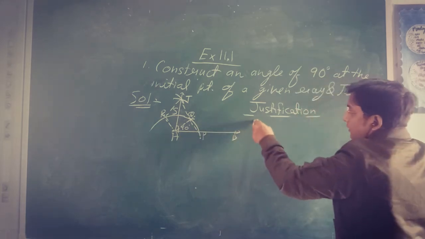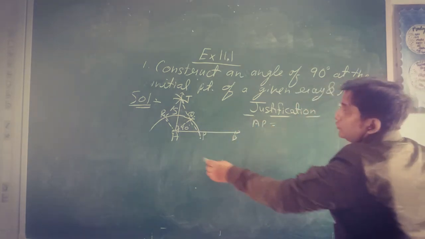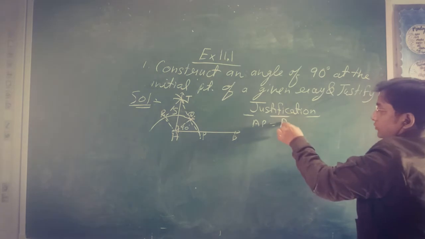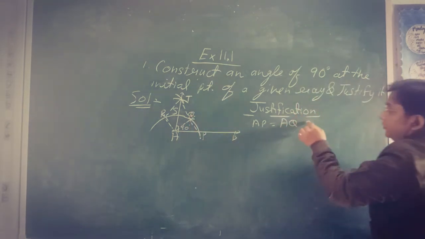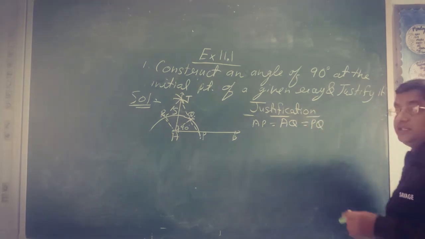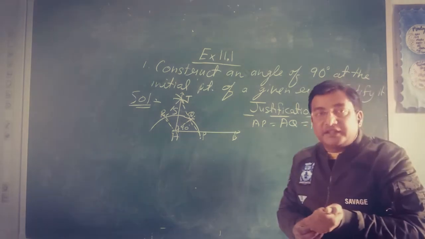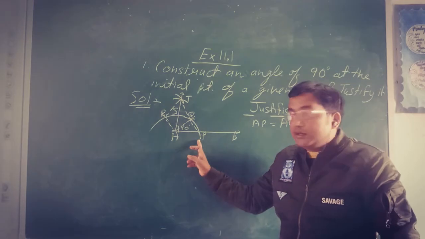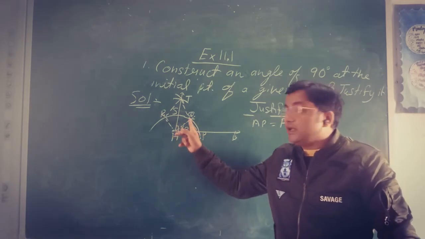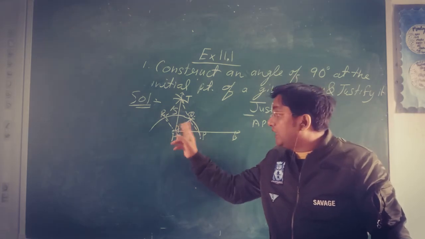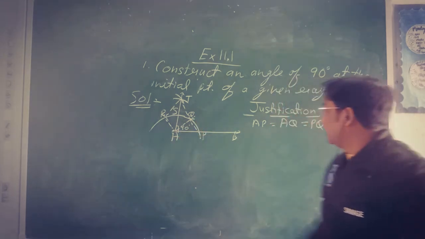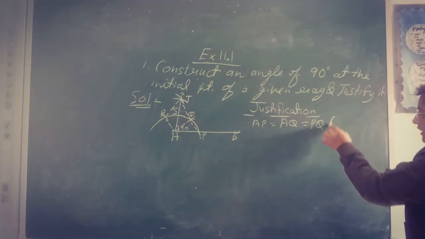AP is equal to AQ and PQ. These are all equal. Now the reason why they are equal: they have been drawn by the same arc, the same length has been taken, or you can say same radii.